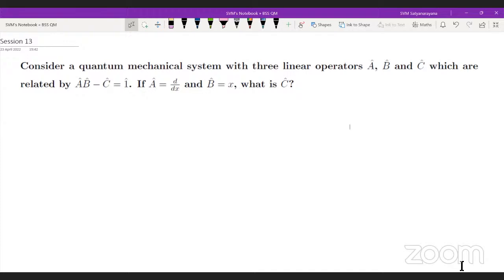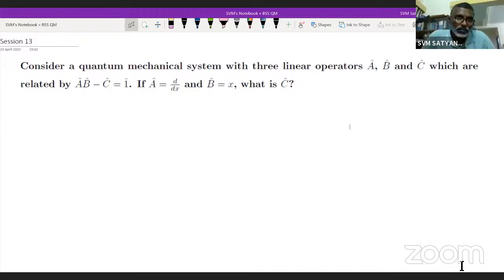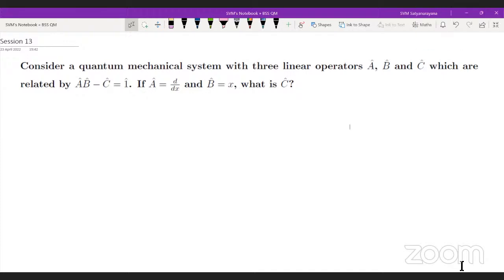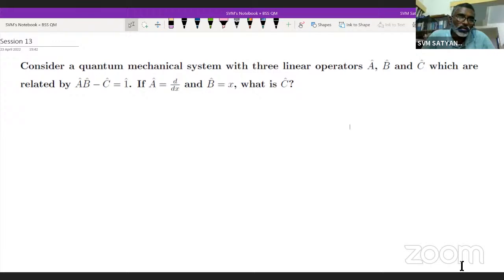So it will be like A cap B cap operated over psi minus C cap operated over psi will be equal to 1 cap operated over psi. So A cap B cap will be d by dx of x psi. Then we'll have to take its derivative with the product rule. Okay, you are right, but why should we do it like that? Why should we operate it on a wave function?